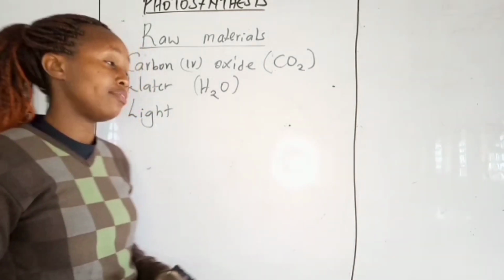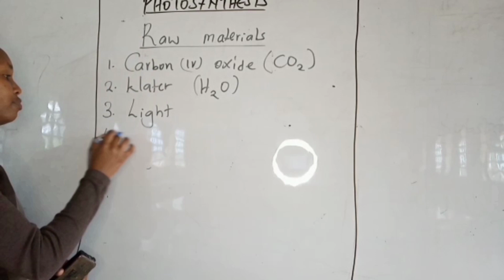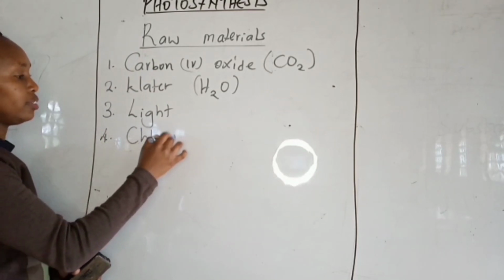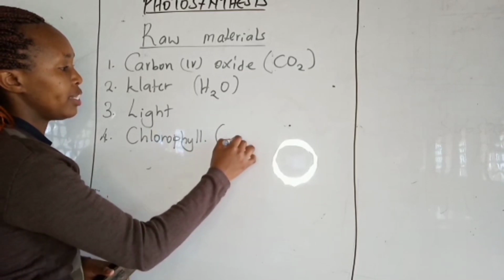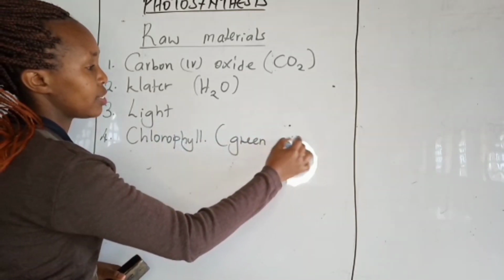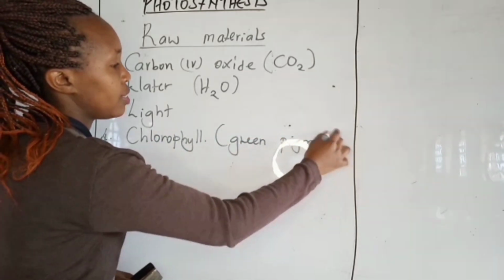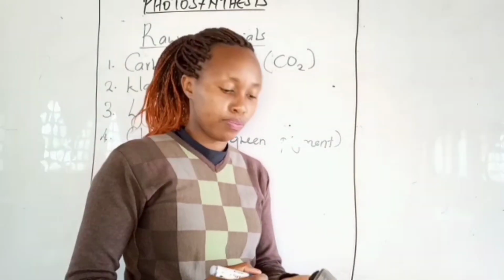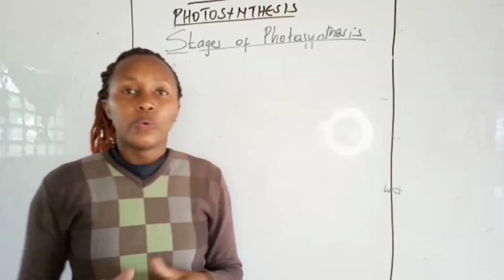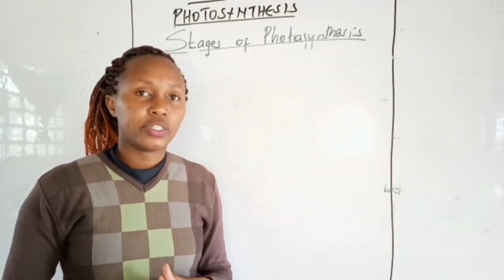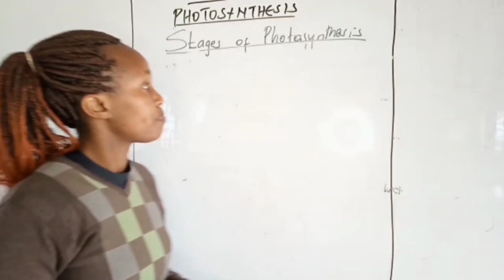When there's sunlight, we have light. And lastly, we have to have chlorophyll. This is a green pigment in plants. And this pigment helps to absorb the light energy. We have seen the raw materials for photosynthesis.